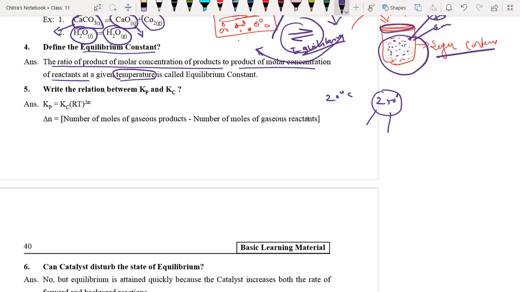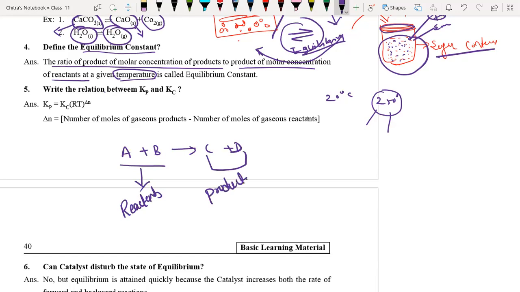See, ratio means division. So the ratio of the product of molar concentrations of products. Suppose we have a reaction where A reacts with B to form C and D. Here A and B are the reactants, and C and D are the products.